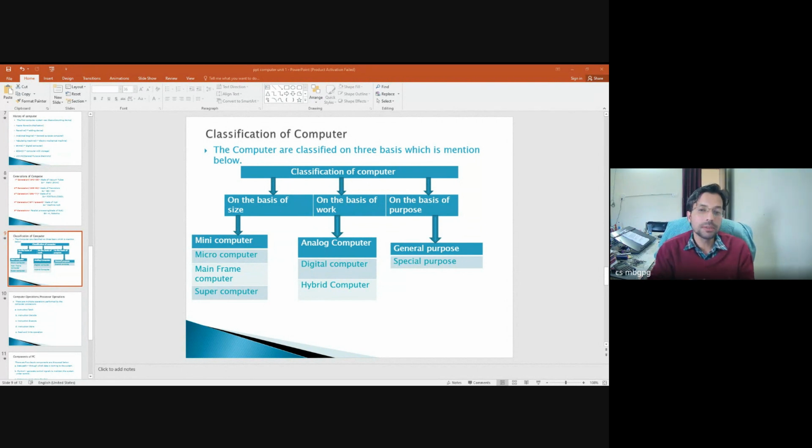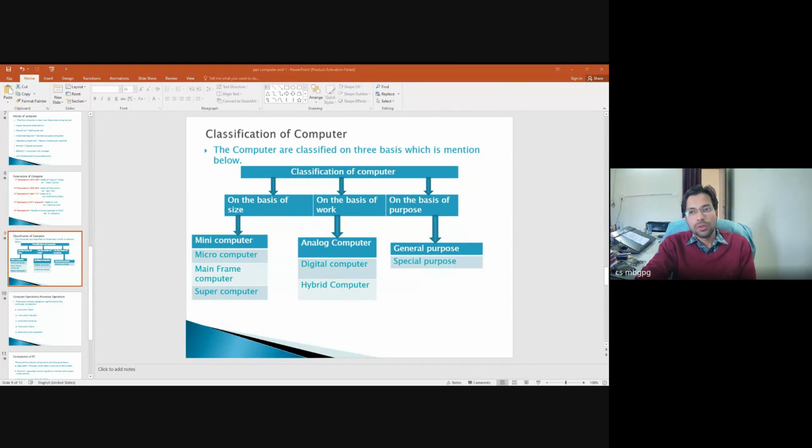Your ATM machine accepts data in analog form, converts it into digital form, and processes it in the digital form. These type of computer systems are called your hybrid computer system.